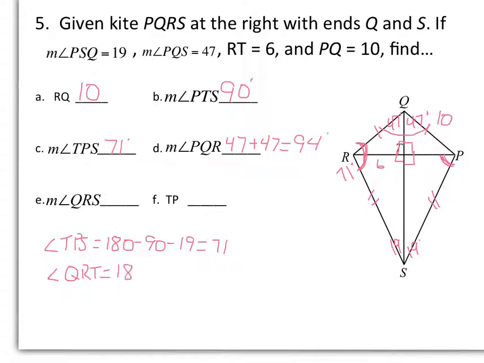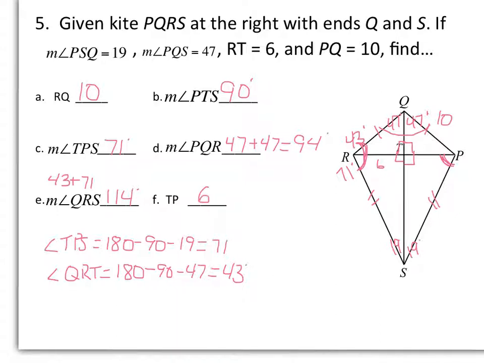So if we take 180 minus 90 and 47, we get 43 degrees. So that means this side, the angle is 43. So we'll have to take 43 plus 71 to get 114 degrees. And finally, side TP is 6.